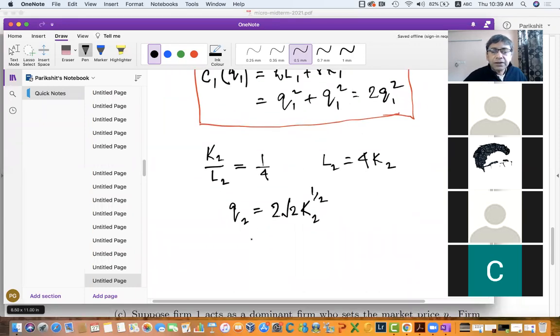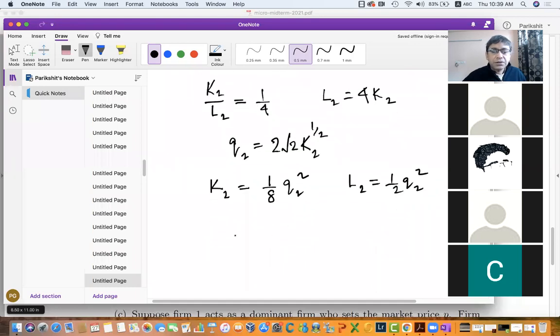So if we square both sides, we get K2 equals 1/8 times Q2 squared. And L2 therefore will be 4 times this, which is half Q2 squared.